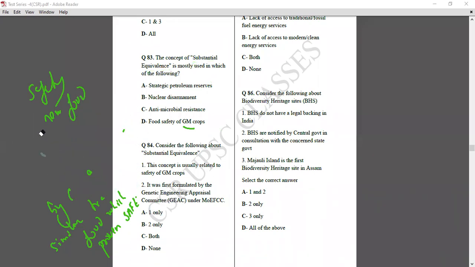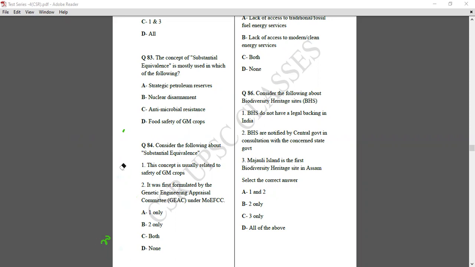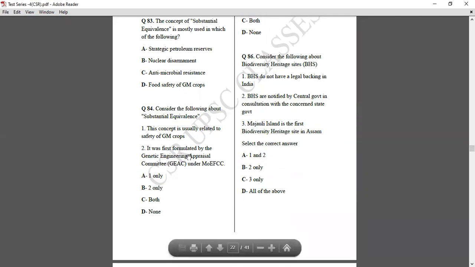Fine. Again, one more question on it. Consider the following about substantial equivalence. First, this concept is usually related to the safety of GM crops. Yes, it is correct. Second, it was first formulated by the Genetic Engineering Appraisal Committee, GEAC, under the Ministry of Environment. Now, here lies the trap.